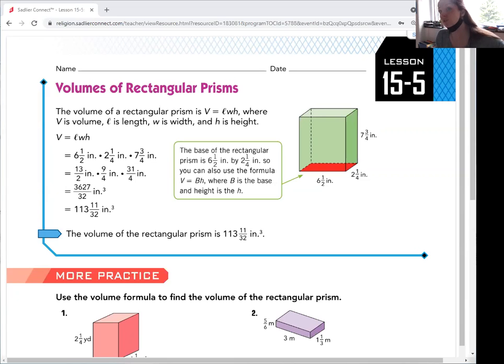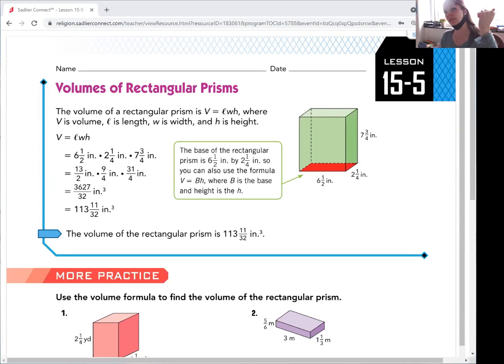But today it's as simple as this: using a formula to calculate volume. So remind me, what does volume mean? Maybe let's read that little opening sentence to jog your memory here.